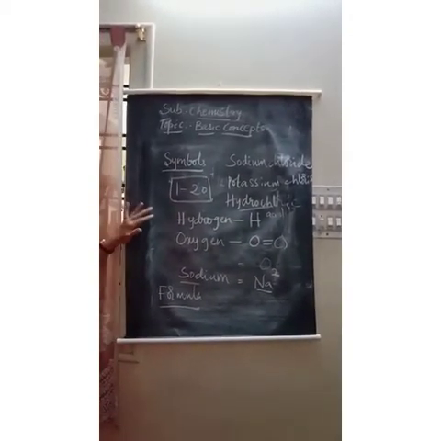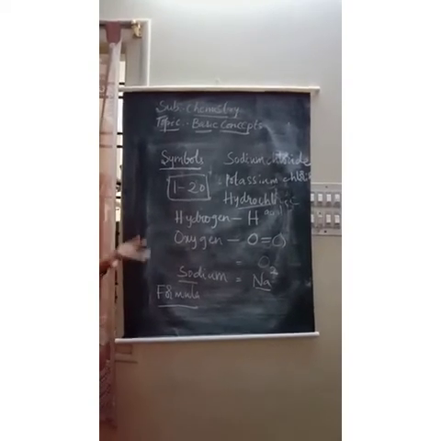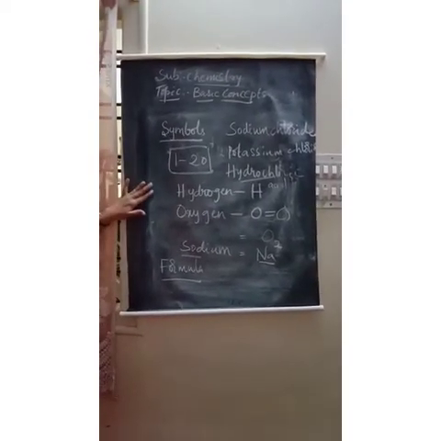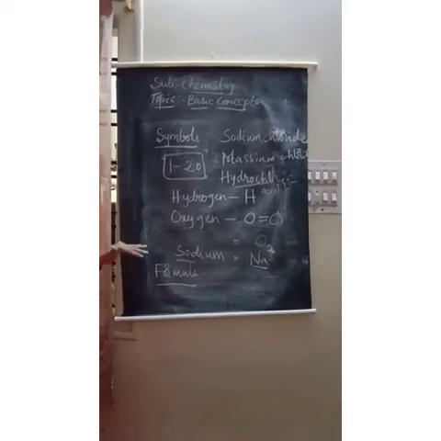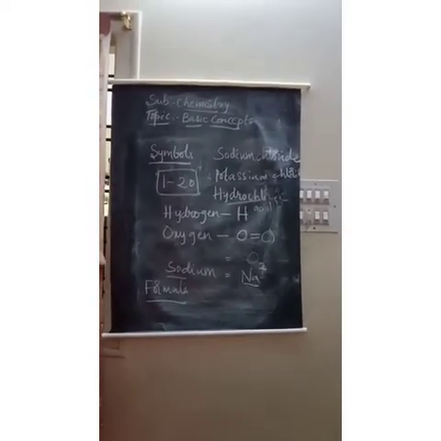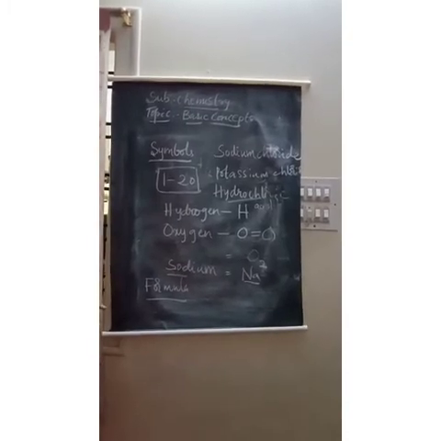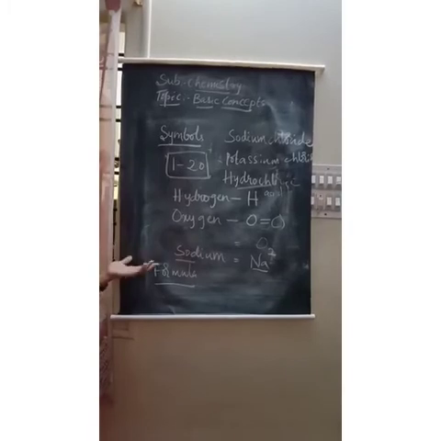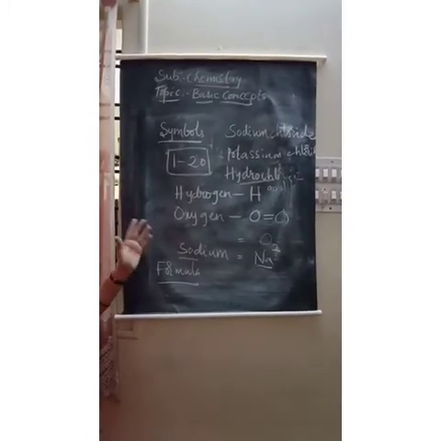Now we can understand how to write the formula. Step by step. Before writing the chemical formula, we have to understand the term valency. What is valency and what are the valencies of the metals and non-metals? Let us study one by one.